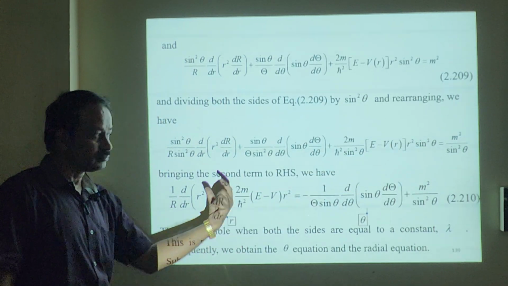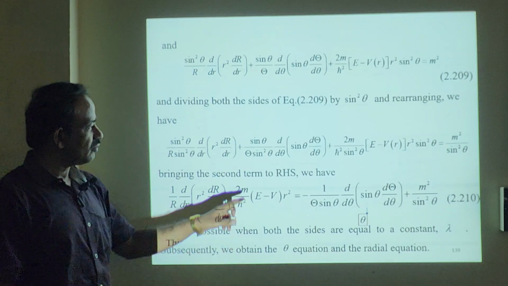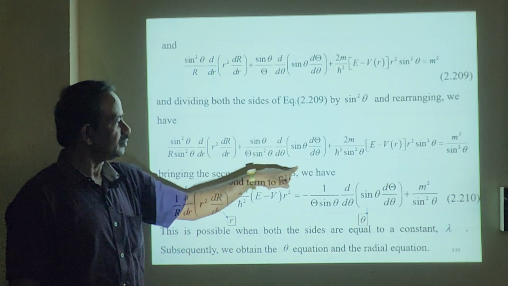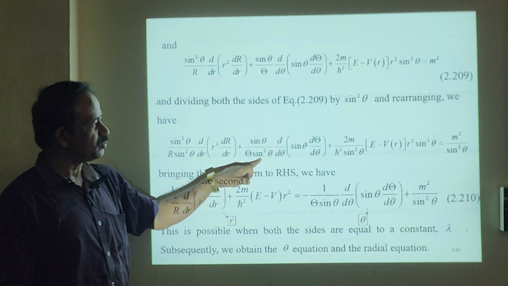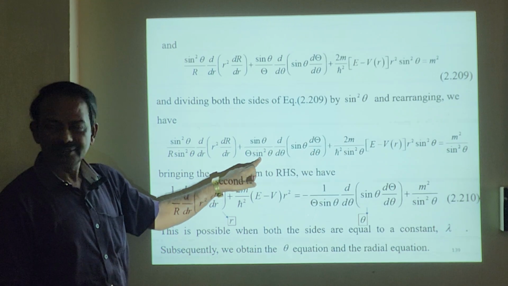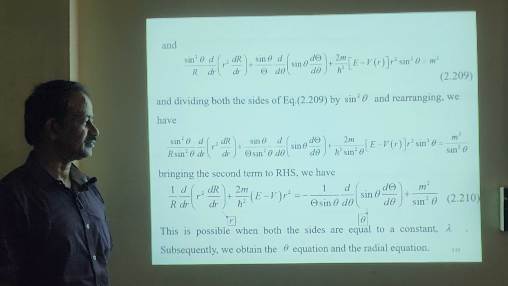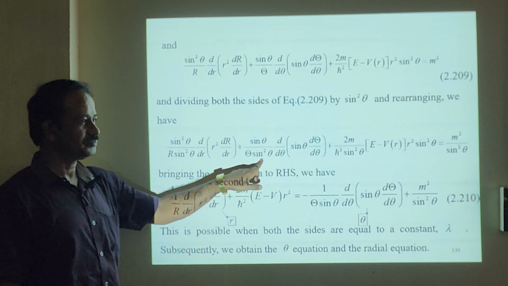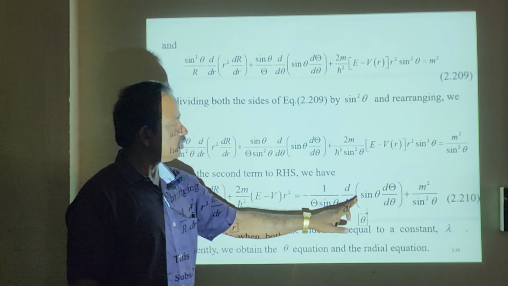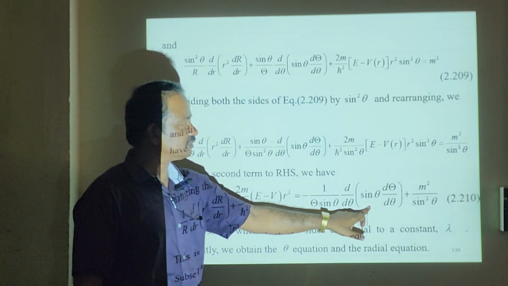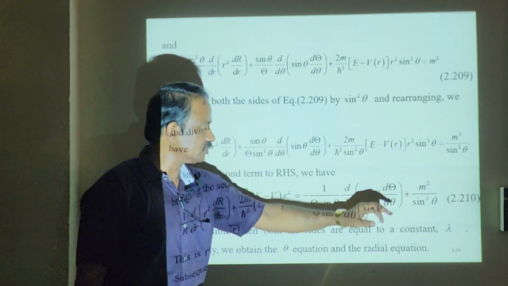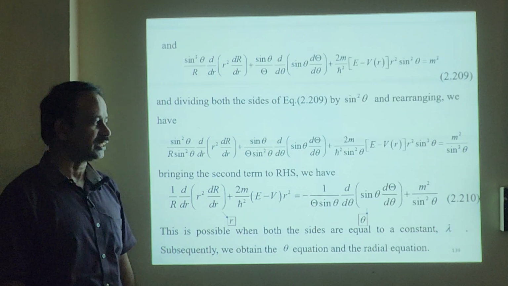You just pull the third term to this side. Now the second term, you just look at the second term, it depends only on theta. So you bring it to the right hand side. Is it okay? Very simple. So you have brought this term to the right hand side, and already we have that term, which is nothing but plus m square divided by sine square theta.